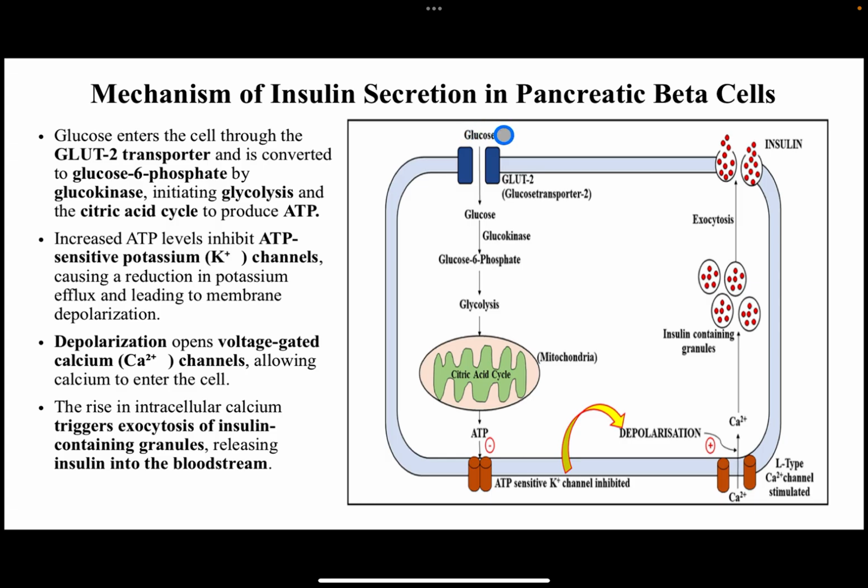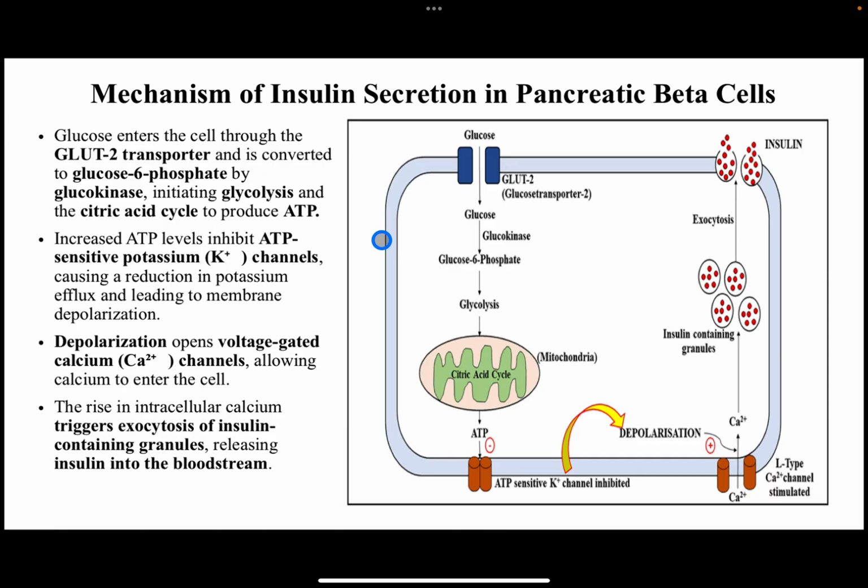In this diagram, we are going to see how the beta cells release the insulin. The insulin is within the beta cells already. We are going to look at the process by which the insulin is released. First of all, glucose has to enter the beta cell. This whole diagram represents the beta cell.